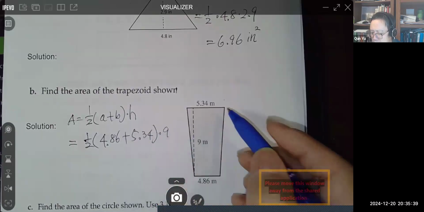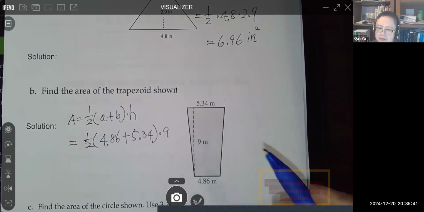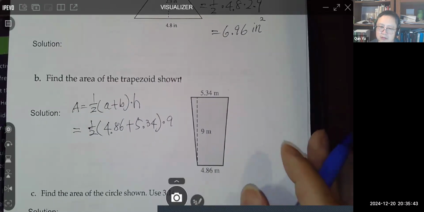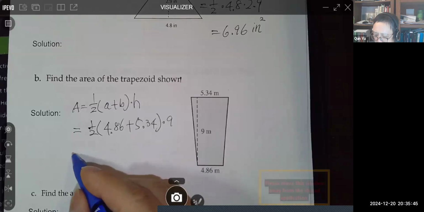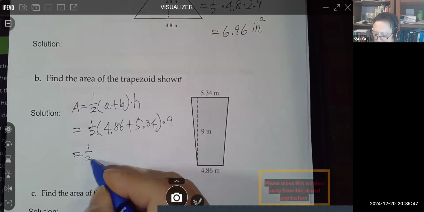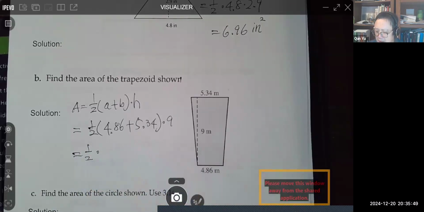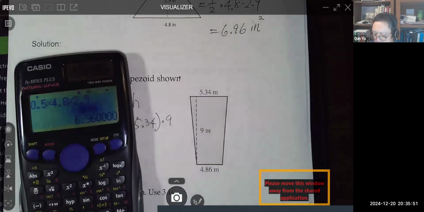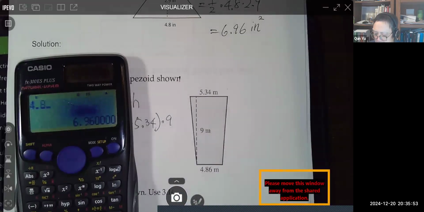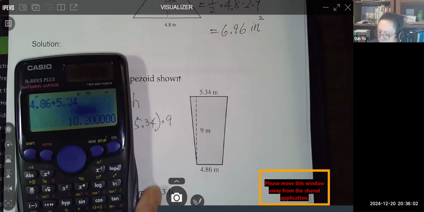Make sure they all have the same unit. If they don't have the same unit, you have to do the unit conversion first. So I'm going to do this addition first because they are inside the parentheses. 4.86 plus 5.34, I got 10.2.